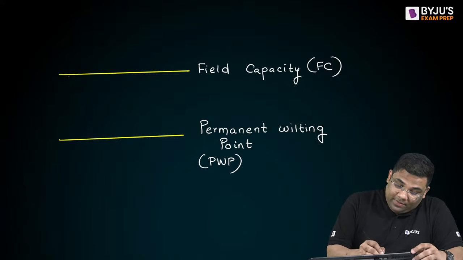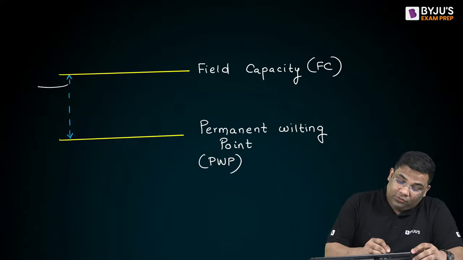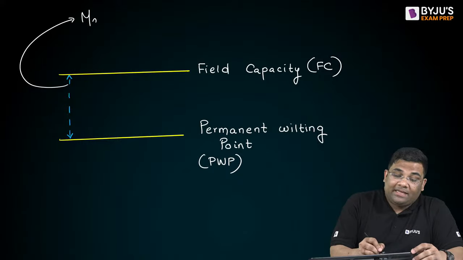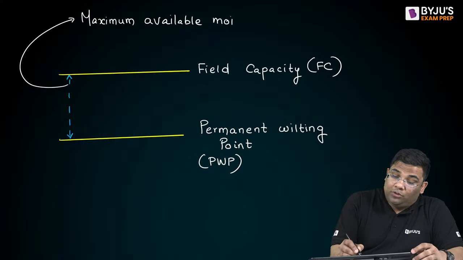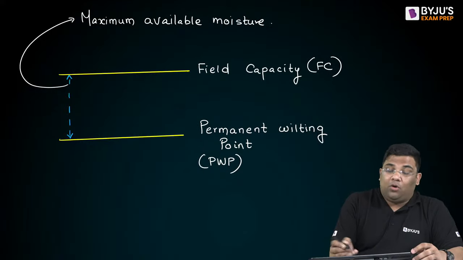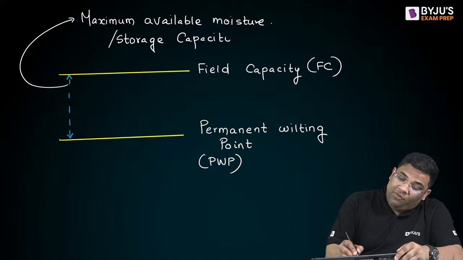Now, the storage capacity is this one, right? This depth is known as the storage capacity, or maximum available moisture. How we find this?